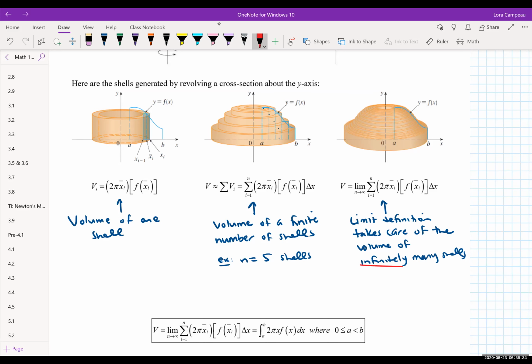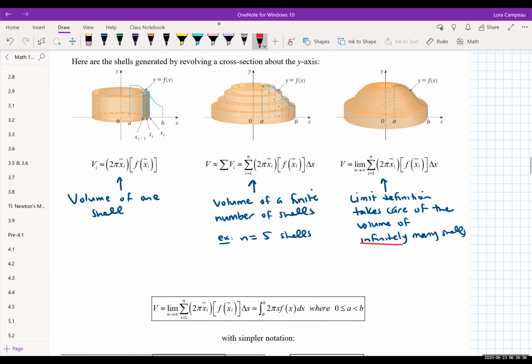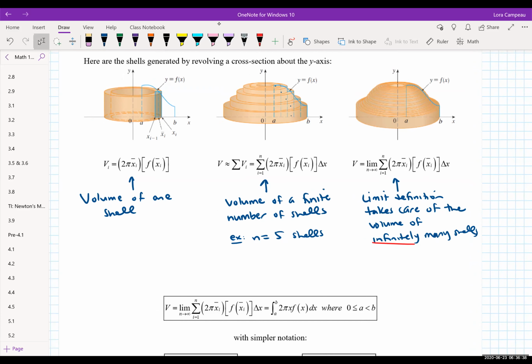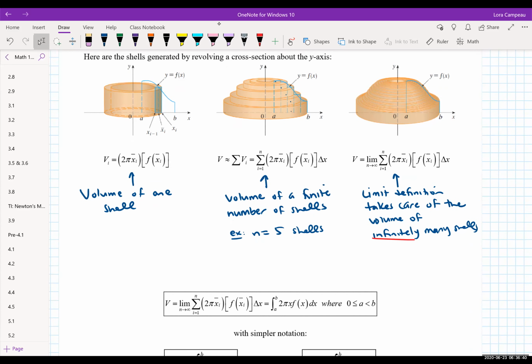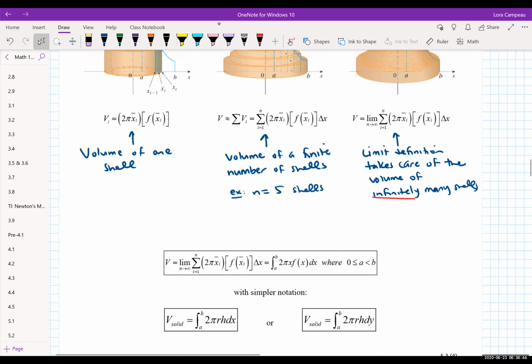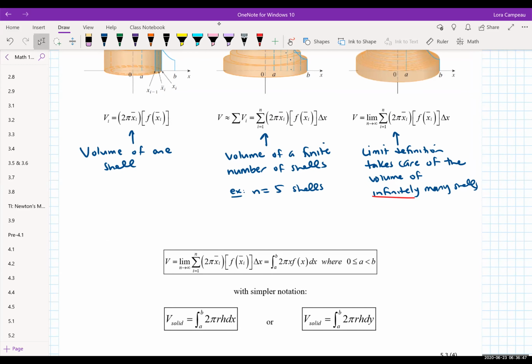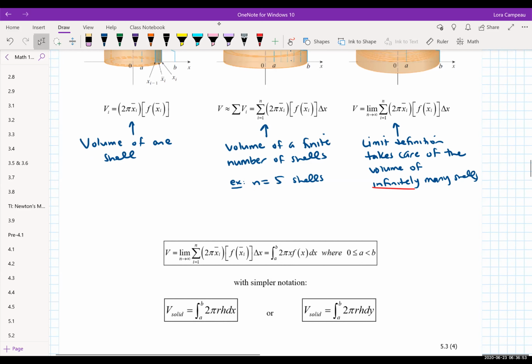So they make the same jump, and we don't take so much time developing this because we just go straight towards the integral. But we remember that when you have limit definitions and summations, if you want to take care of everything, they all eventually approach the idea of the integral.